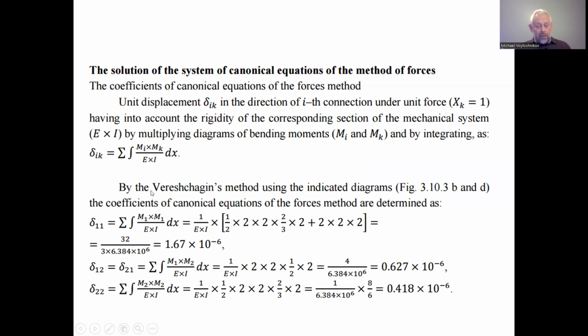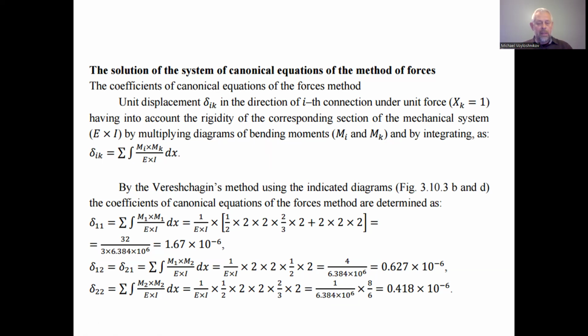It's very usual, and we can use the Mohr integral to determine it. We can use the Vereshchagin rule with the diagrams of the bending moment, because to determine the elements of the canonical equations of the force method, for this definite case we have to consider the bending moment.